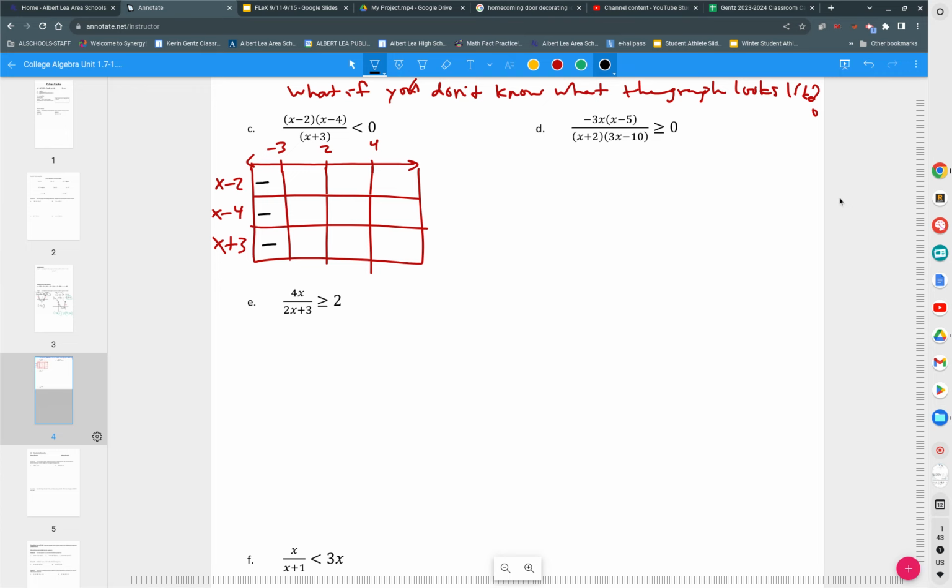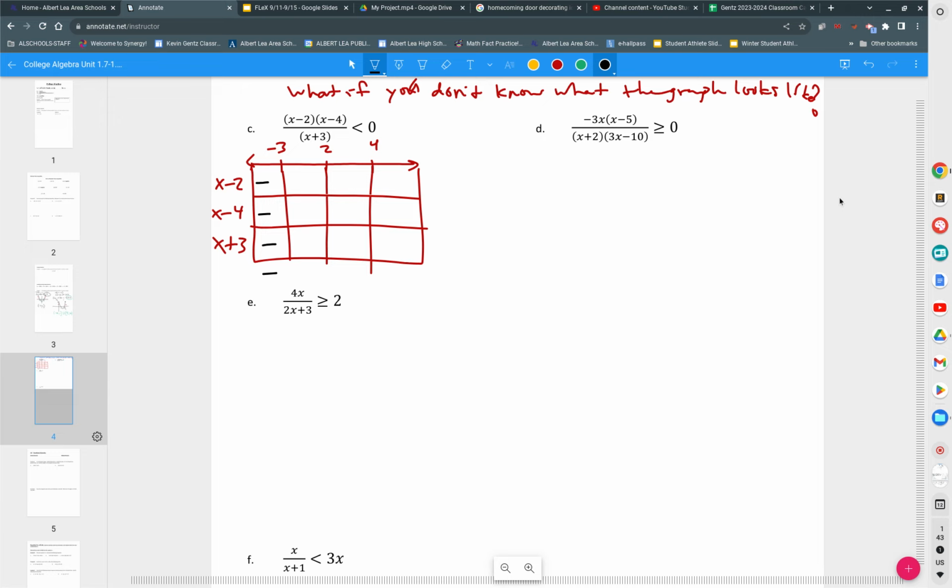All of those came out negative, didn't they? So if you plug in -6, you would have a negative times a negative divided by a negative. What's that? Negative. So I didn't have to compute actual values. I just needed to understand positive or negative.